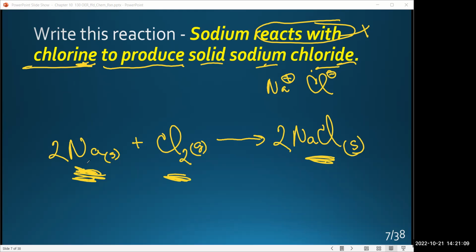Sodium here has an oxidation state of 0. Does it not? The element sodium has no charge, okay, because it has an equal number of protons and electrons, okay? And the same is true for the chlorines. They have no charge, zero charge.